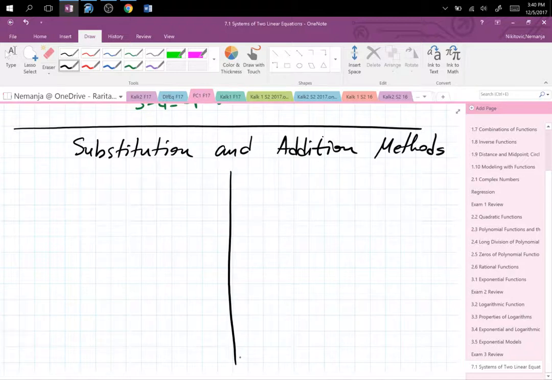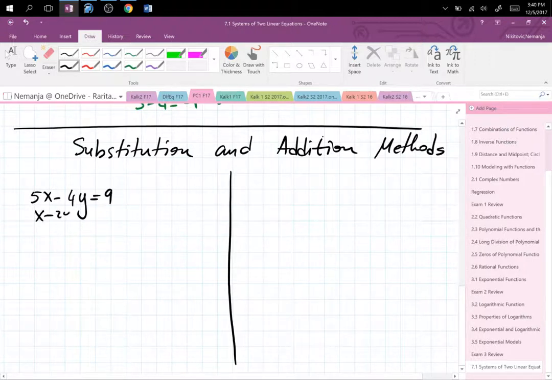So you want to pick your poison. So here we go with 5x minus 4y equals 9, and x minus 2y equals negative 3. Now I'm going to solve the same system using the other method as well.